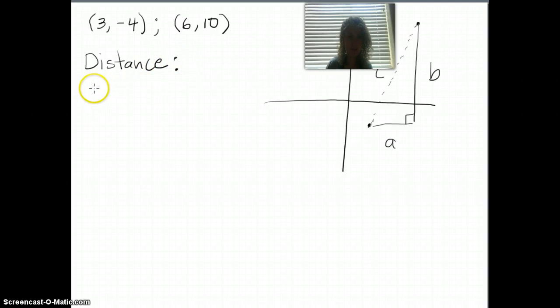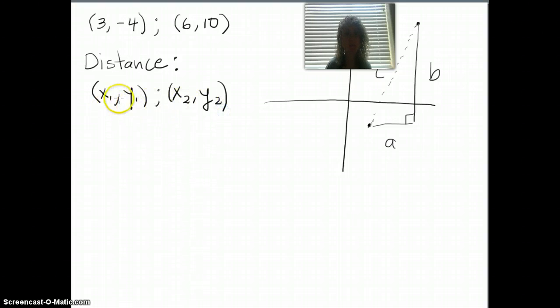When you have 2 points, the first one is x1, y1, and then the next point we call x2, comma, y2. Just so that we can tell the difference between them, we have to put a little 1 and a little 2. Now the formula goes like this. D is equal to a huge square root sign.